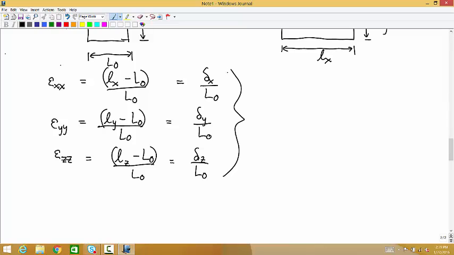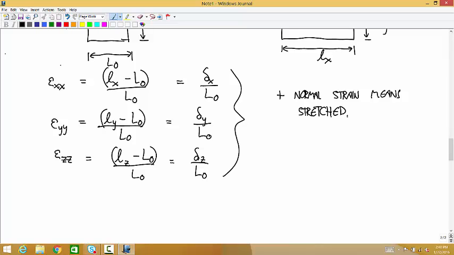Okay, so if you get a positive value for a normal strain, does that mean the object is stretched or that it contracts? Stretched, yep. So positive normal strain means the object is stretched along that axis.